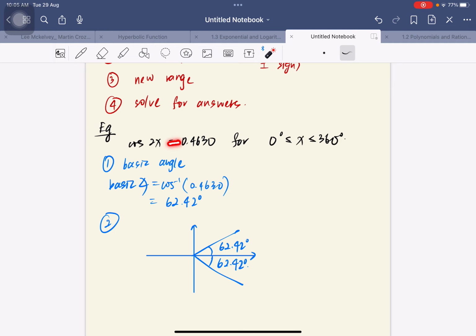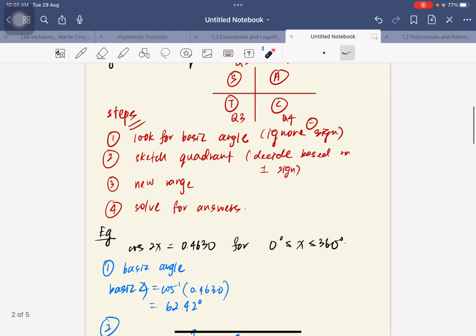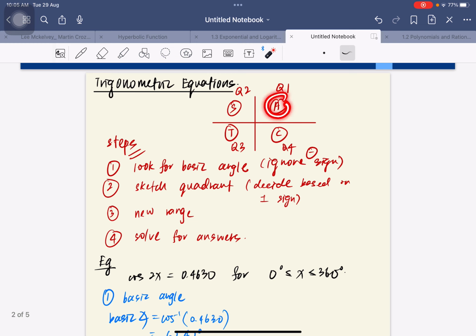If it's negative here, instead of choosing A, which is quadrant 1, where all trigo is positive, and instead of choosing cos, which means cos positive, in quadrant 4, we are going to choose these two instead, because these two, quadrant 2 and quadrant 3, is where cos will be negative. So the negative sign is just an indicator for us to choose which quadrant.